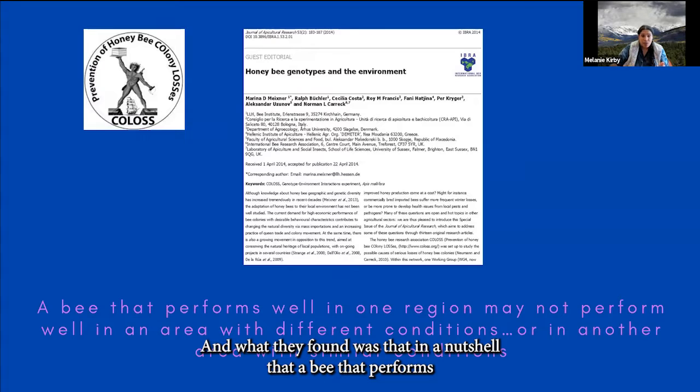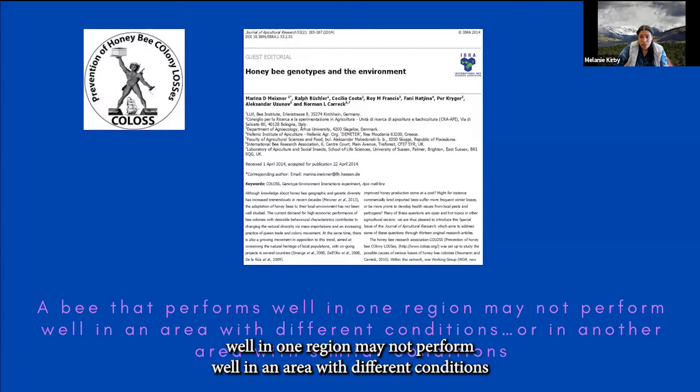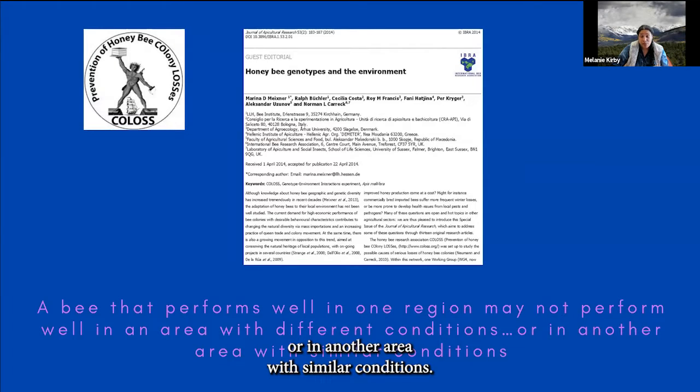And what they found, in a nutshell, was that a bee that performs well in one region may not perform well in an area with different conditions or in another area with similar conditions. Basically, they were trying to show that when we move bees, even this particular study took place in Europe, when we move bees to different places, these ecotypes don't necessarily perform as well in a new area as the ones that have really acclimated in that particular area.